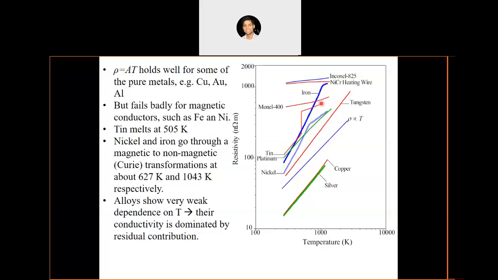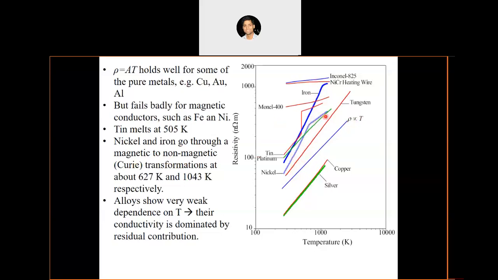Basically, there is a sudden change because these are the temperatures at which there is a transition from magnetic to non-magnetic. Once there is a transition, they start following rho proportional to T. But before this transition, the rho is equal to AT relationship is not followed very well, right?